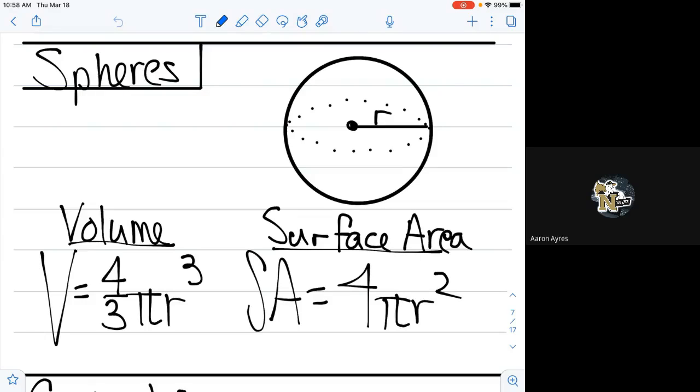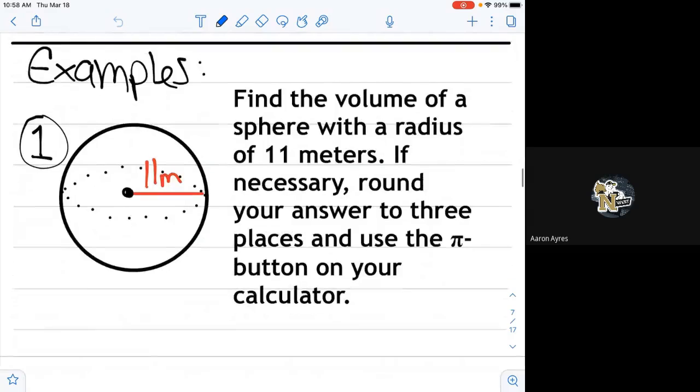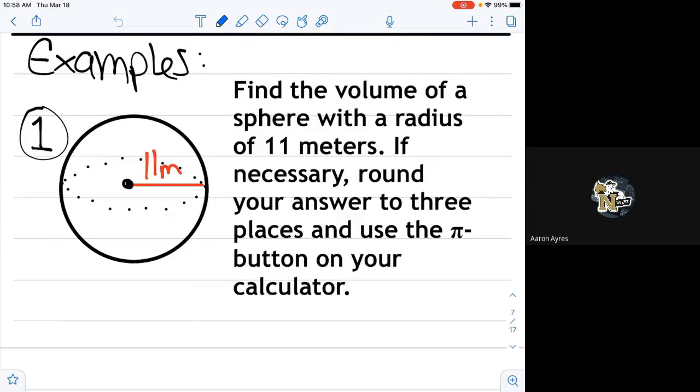So let's try an example. And again, you get your calculator, so these are going to be pretty straightforward. For the first one here, find the volume of a sphere with a radius of 11 meters. Grab a picture of it. And we're going to round to two places this year, not three.